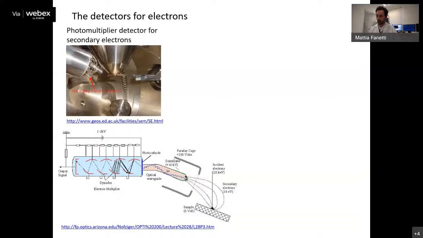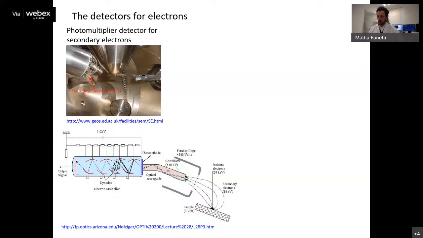So I can drive the low kinetic energy electrons toward a scintillator. Then there is an optical waveguide, and then typically a photomultiplier tube. Okay, this is the standard secondary electron detector, which can amplify the signal and so count the intensity of the secondary emission.